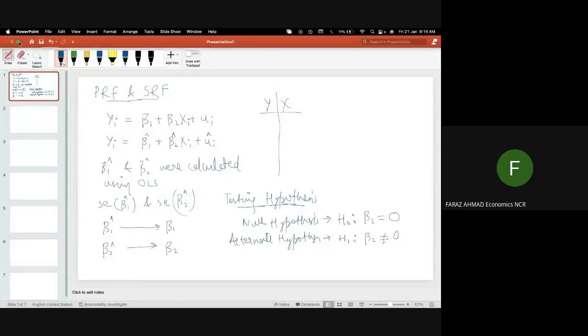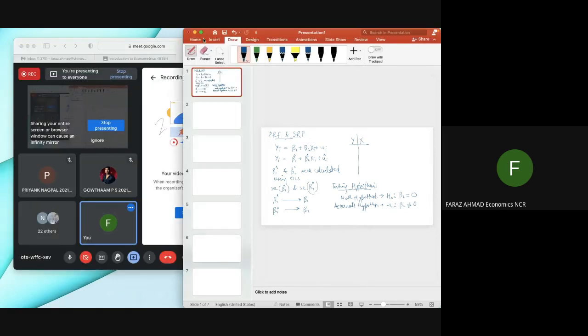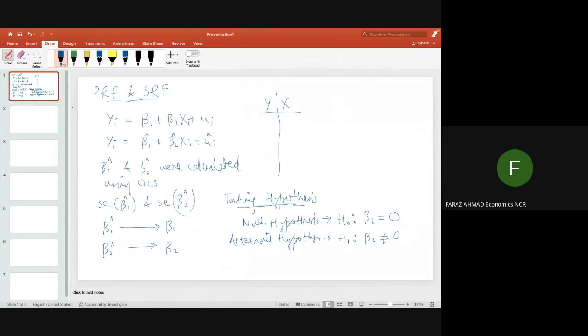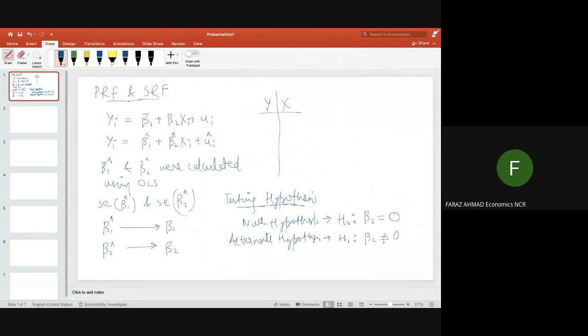Now the question is, why do we have such a hypothesis? Why do we test such a hypothesis? Testing means we want to check whether the null hypothesis is true or the alternate is true. One of them is going to be true, right?